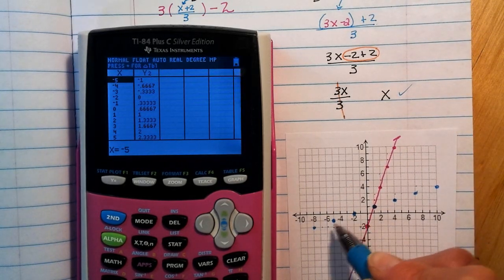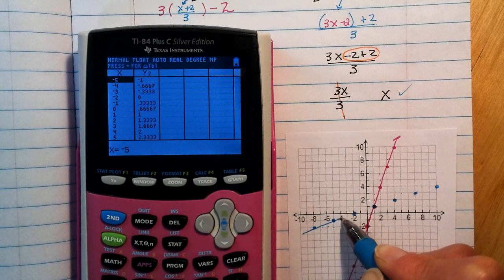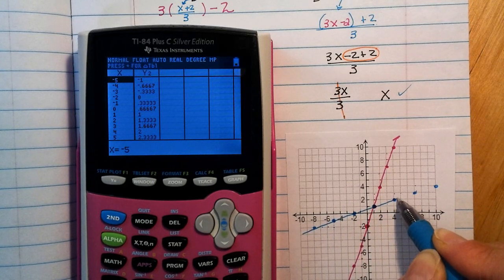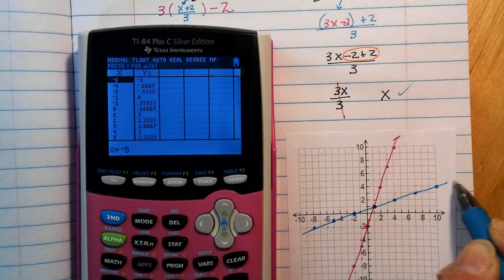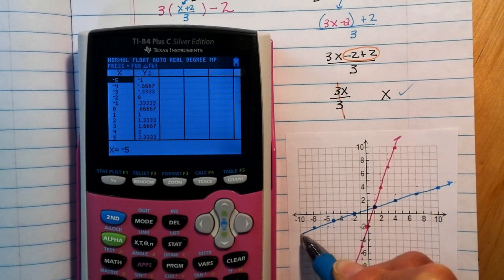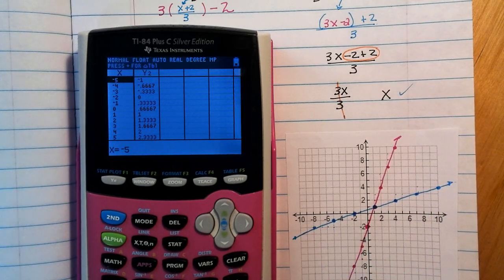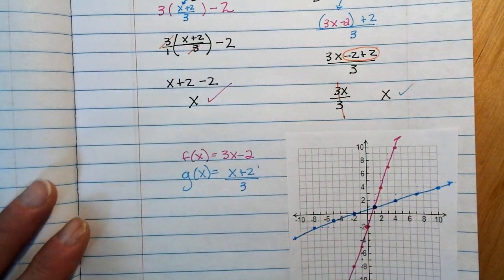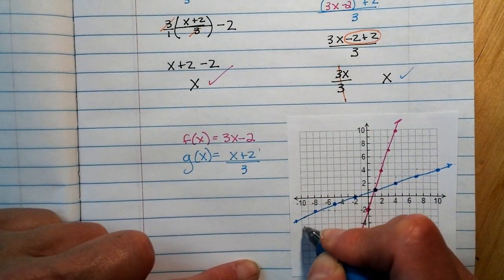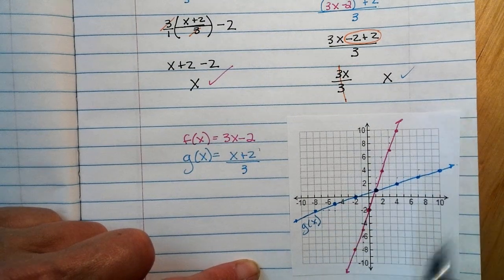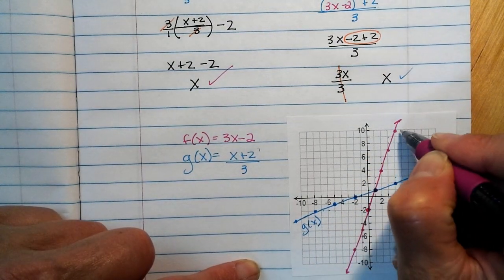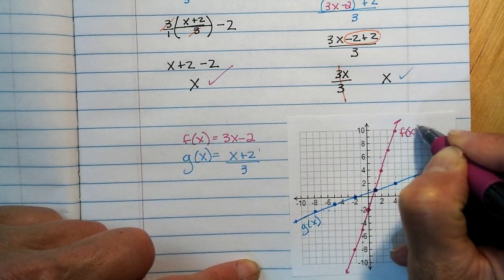Okay, so this is my g function. I usually use a ruler, but I have misplaced my ruler, so I'm drawing the best I can by hand. So this here is my g of x, and this here is my f of x.